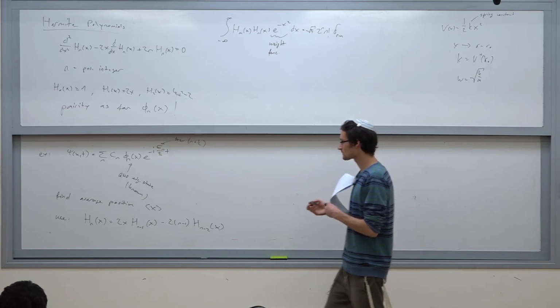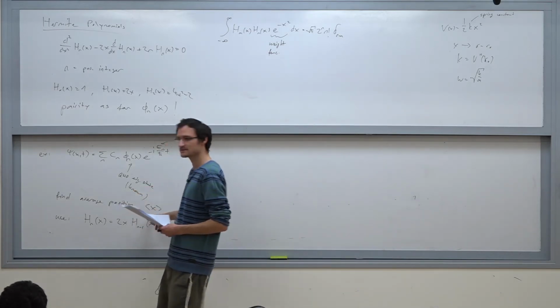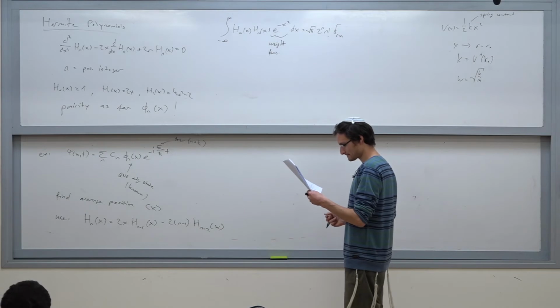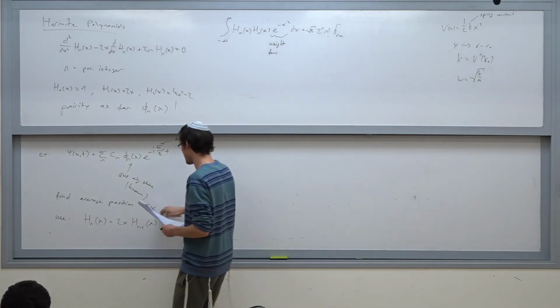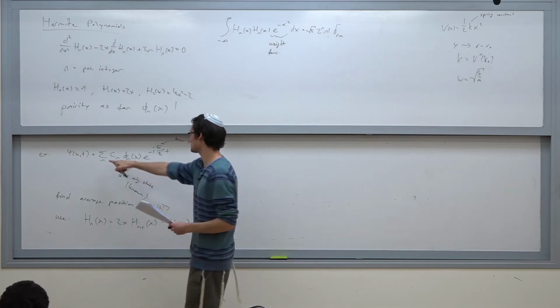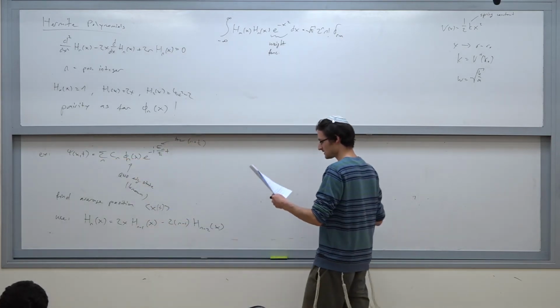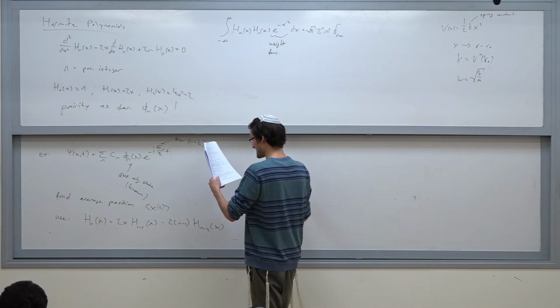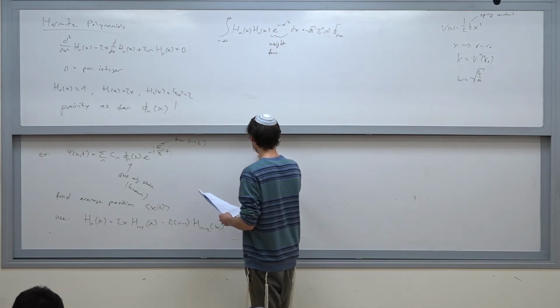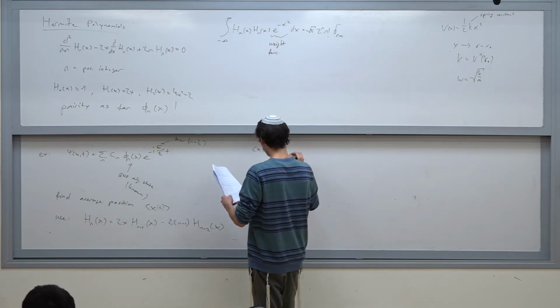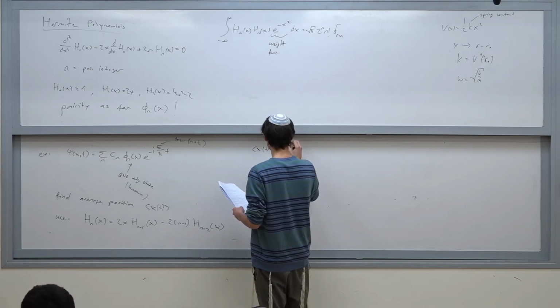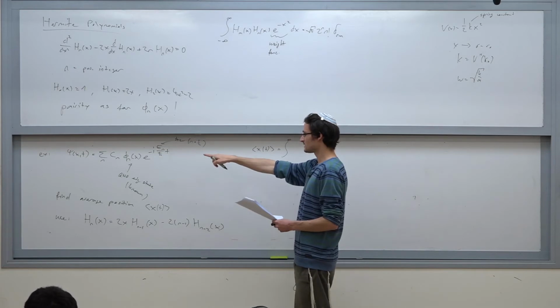Find what? Find the average position, x average. Okay, so we want to find x average of t, as a function of time, because we're given psi as a function of x and t, so it's easy to find. So let's go ahead. By definition, this is the integral from minus infinity to plus infinity. Then we need to plug in psi star.